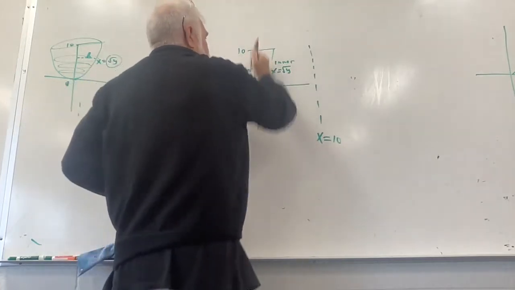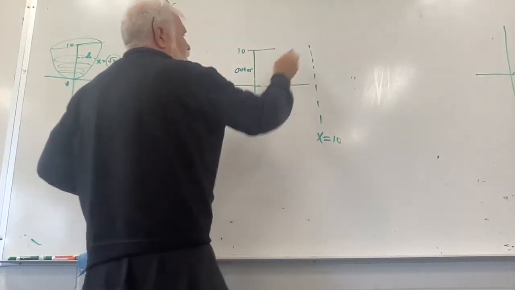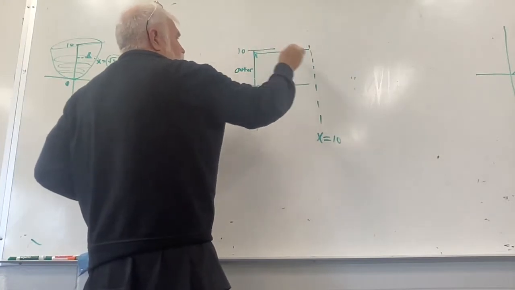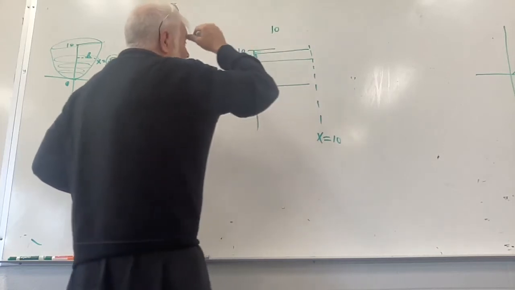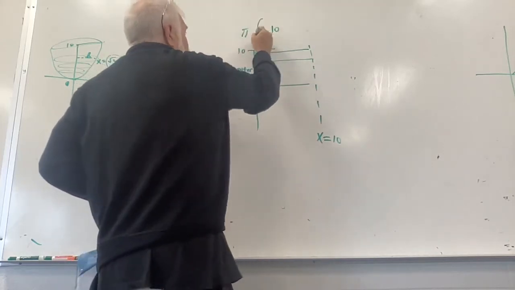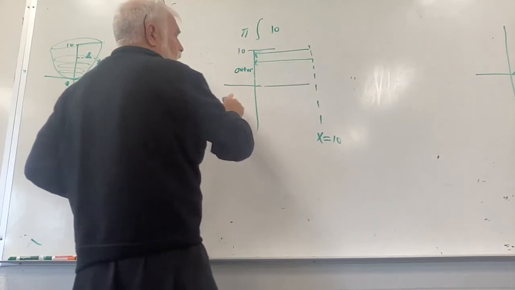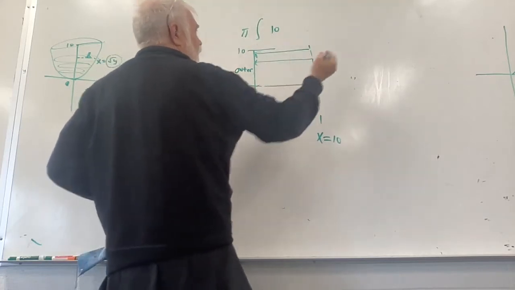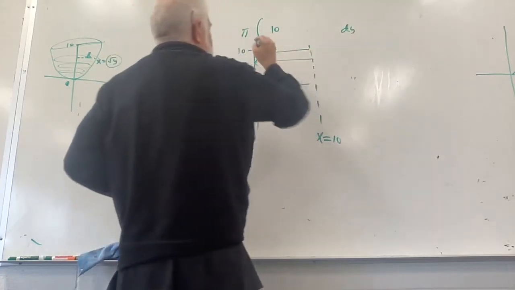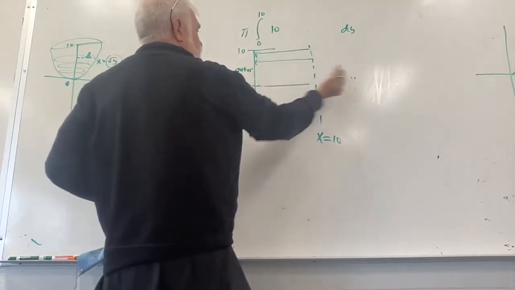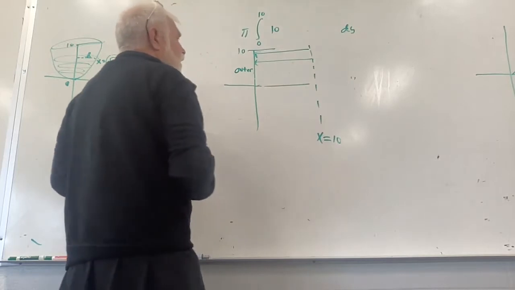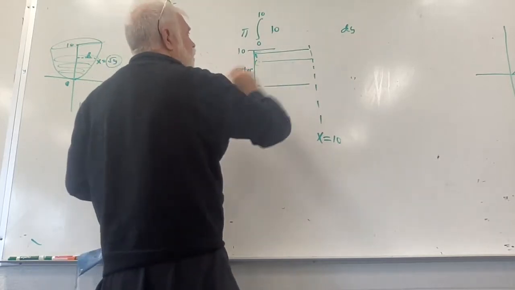So let's just get the outer. Well, the outer has this for a radius. Looks pretty constant to me. Looks like it's just 10 units. So I guess we got a pi, and we're rotating dy. So dy is going to go from 0 to 10. We're going to stack these radiuses vertically. Okay, so that's the outer.